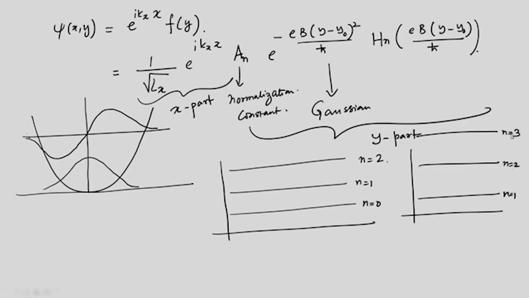And the reason is that omega b, which is the cyclotron frequency, is directly proportional to b. So, as you increase b, let us say this is for a magnetic field b1, and this is for b2, and of course b2 is greater than b1. Okay. And these are called the Landau levels.